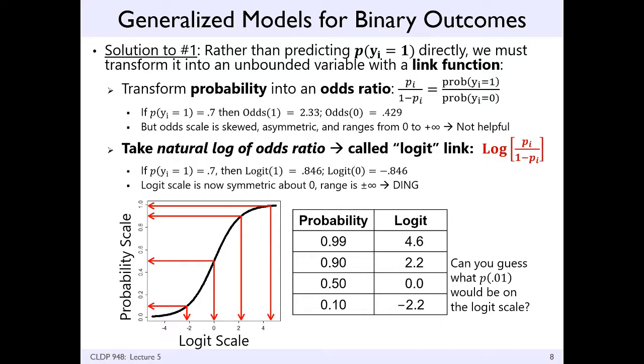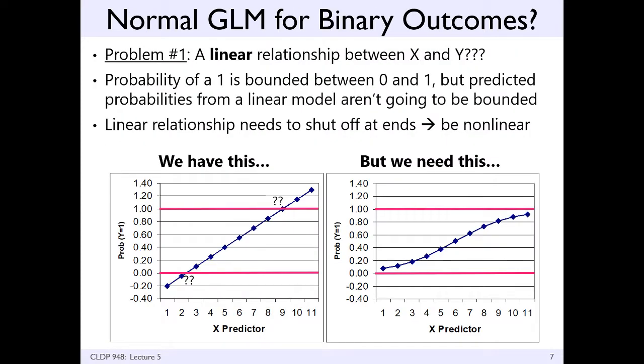Their purpose is to transform this probability into something that is continuous and unbounded. And in fact, the previous picture I made was made in a model where I predicted the logit of the probability of 1 from a linear effect. And this is what it translates to when you back transform logits into probability.